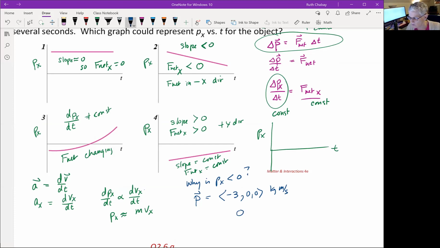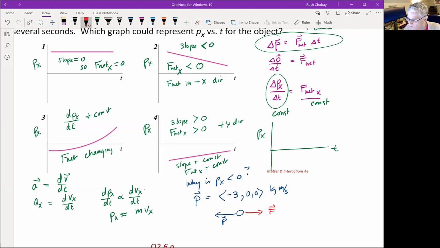So the object is moving this way, but the force acting on it is in that direction. And what is that force doing? It's slowing it down, isn't it? That's exactly right, Claire. It would mean it's slowing down.